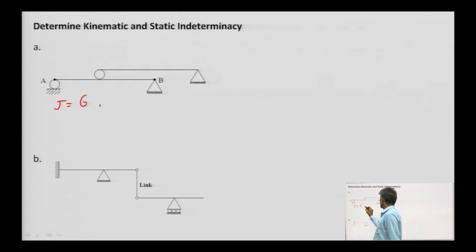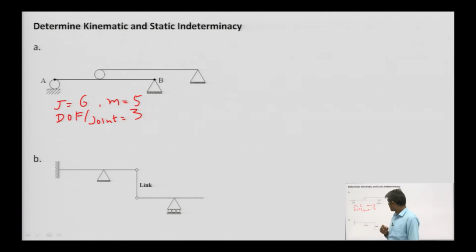Let us count the number of members. 1, 2, 3, 4, 5. 5 members. Degree of freedom per joint. How much? It will be 3 in case of a 2D beam.